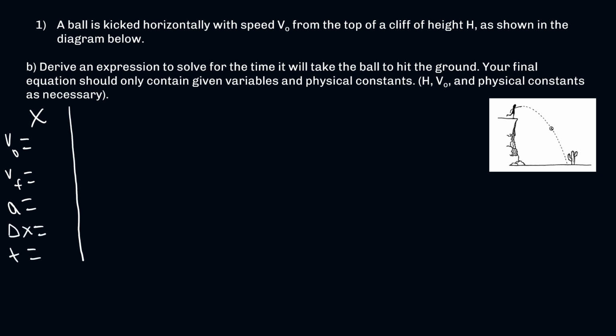We're going to do the same exact thing for the y direction, which is the vertical direction. You can use delta y if you'd like to in the y direction, but you don't need to. It's the same exact thing. We're just looking at displacement.